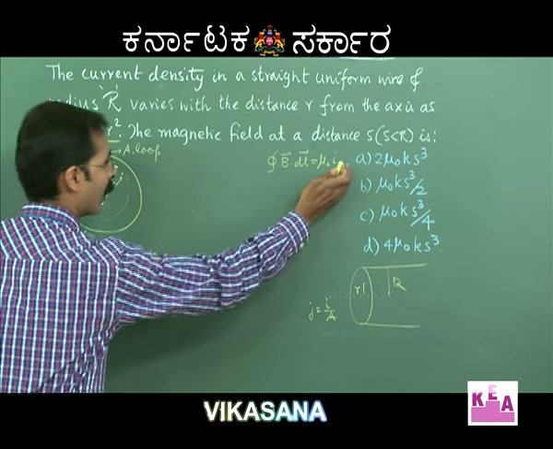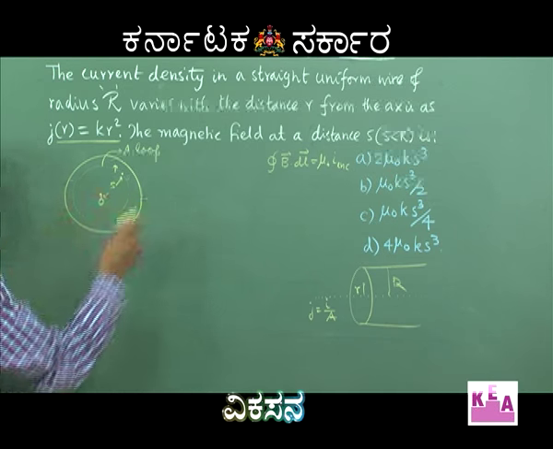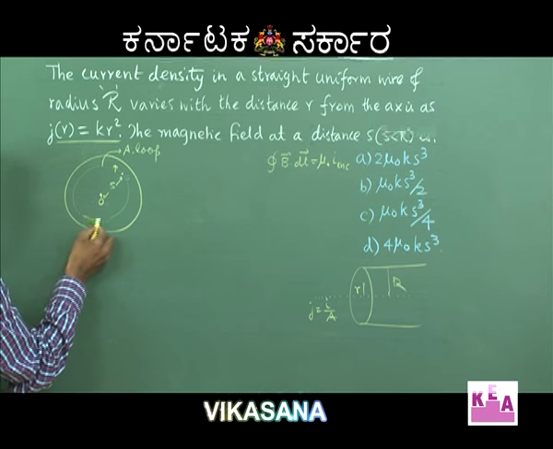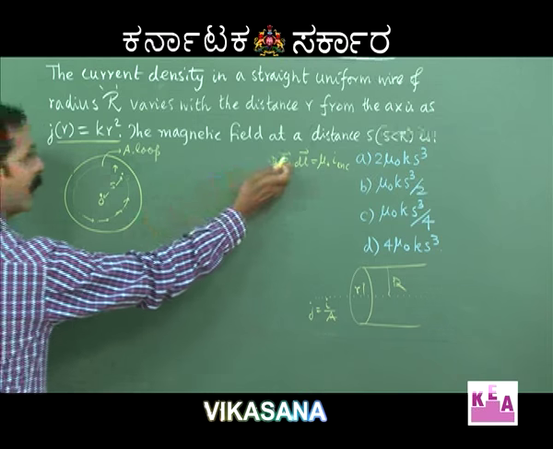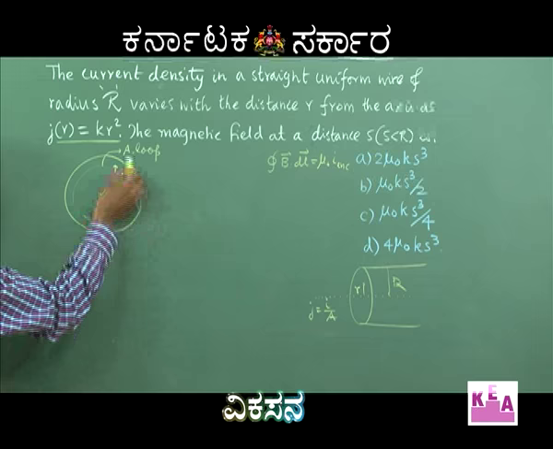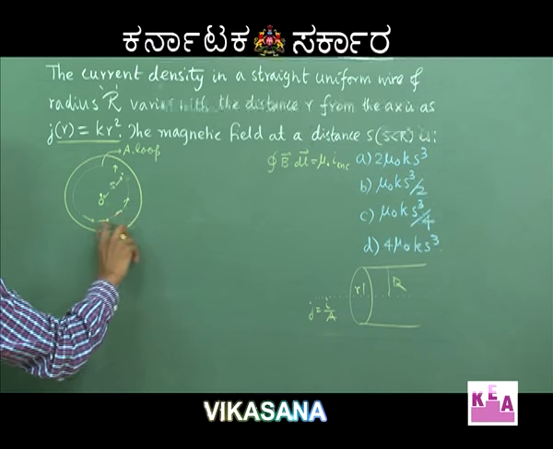To calculate mu naught I enclosed, I have to find the current within this wire. But because of cylindrical symmetry, if I look at the left hand side, B and dl are exactly tangential everywhere. Therefore, B dl cos theta would be B dl. And as there is cylindrical symmetry, B would be the same everywhere on this surface.